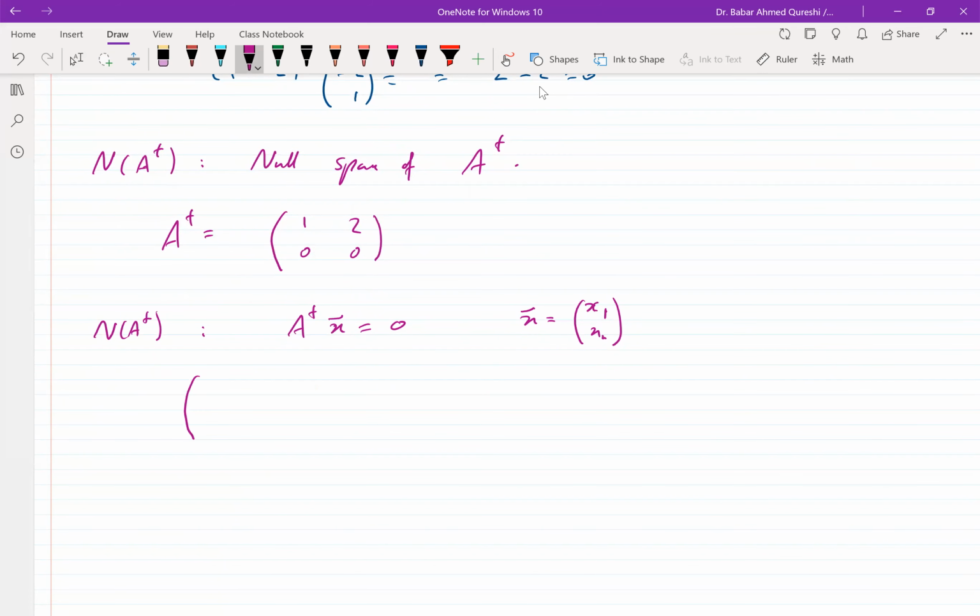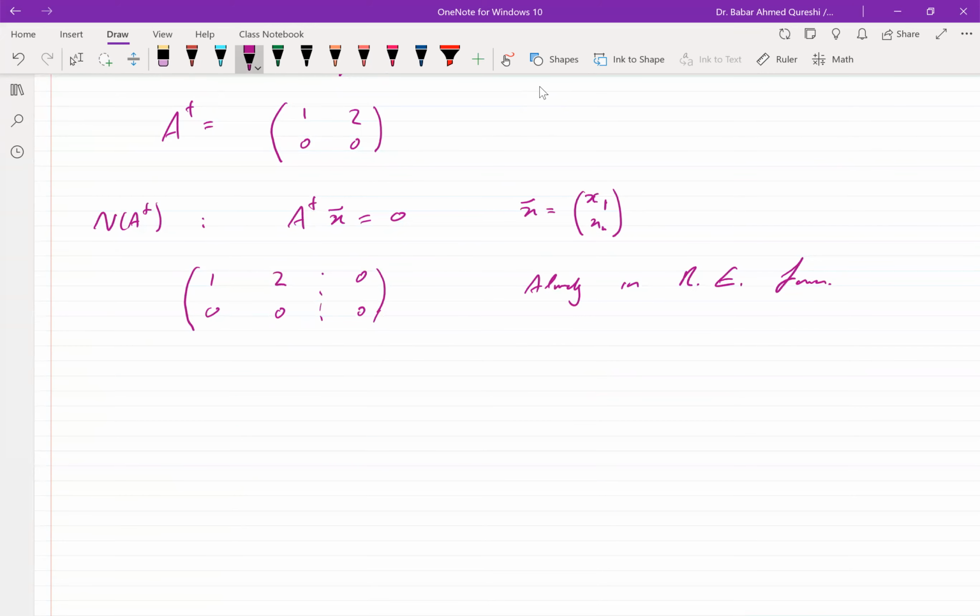So I'm solving this homogeneous system. This is the augmented matrix which I have to solve. This is already in reduced echelon form, so I have the solution in front of me. This equation, this line doesn't give me anything. This line tells me that x1 plus 2x2 is 0, or x1 is equal to minus 2x2.